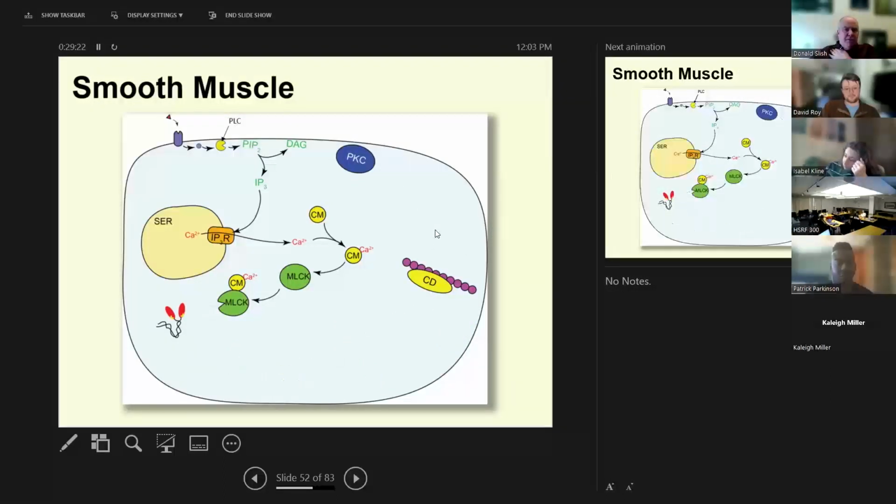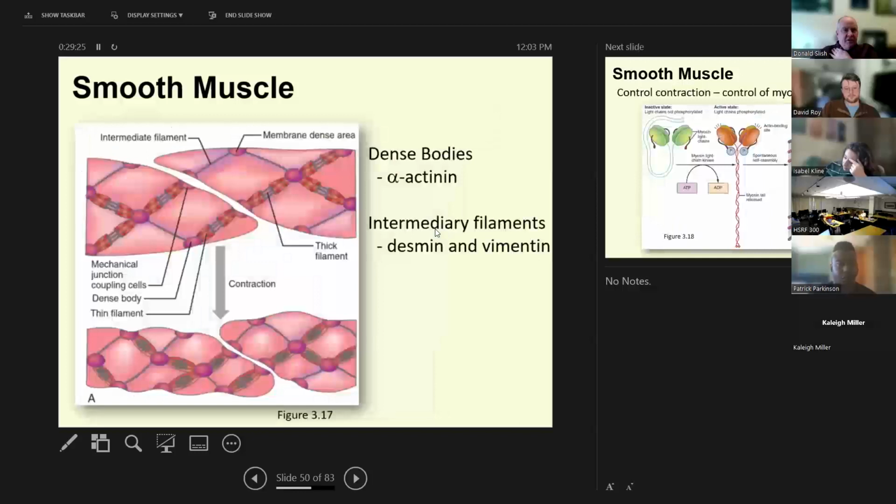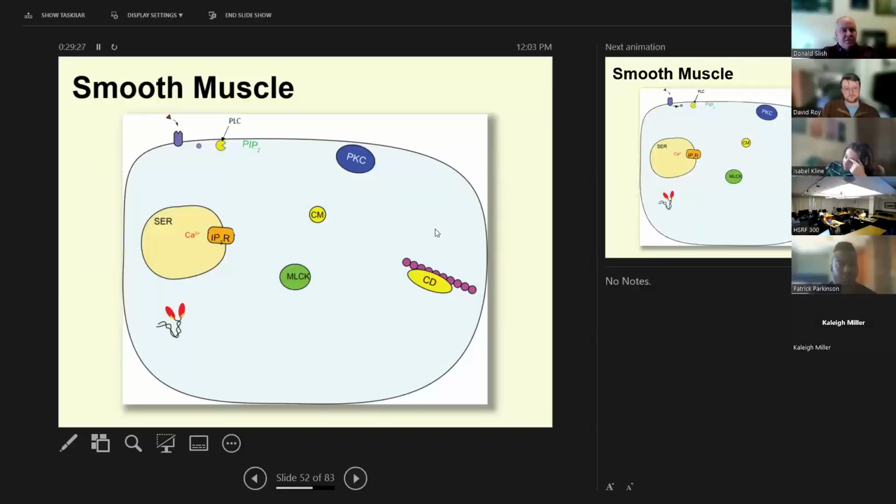So let me go back. Let me just go over this again with talking less and making it go faster. So your hormone then hits the receptor, activates the G protein, which activates phospholipase C. PLC breaks down PIP into IP3 and diacylglycerol. Diacylglycerol will activate protein kinase C. IP3 will activate the IP3 receptor.